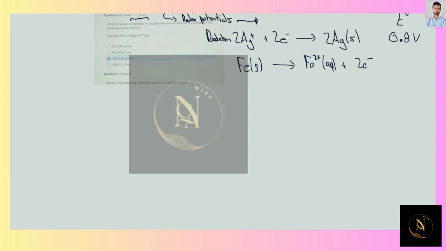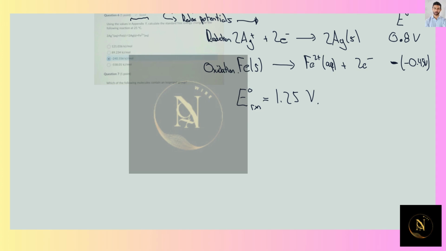In the case of iron, we have the oxidation reaction, so the potential corresponds to minus the redox potential. For the exchange from iron 2 plus to iron as a solid, the potential would be minus 0.45 volts. So the overall value, E standard for the whole reaction, would be equal to 1.25 volts.